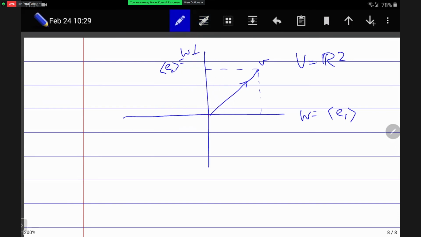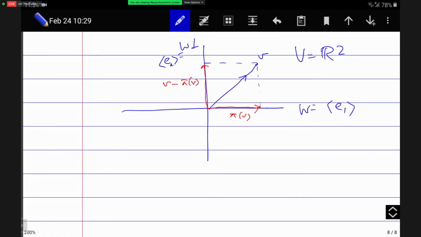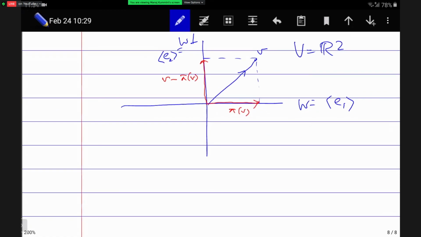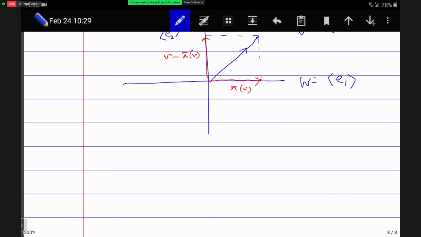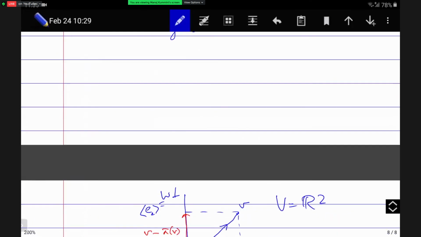This vector here is pi of v, and this vector here is v minus pi of v. The two vectors colored in red are orthogonal to each other. What was used is that the form is non-degenerate on W. Such a thing is called an orthogonal projection.